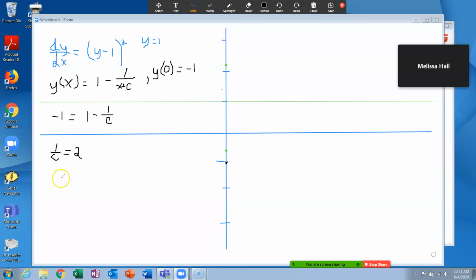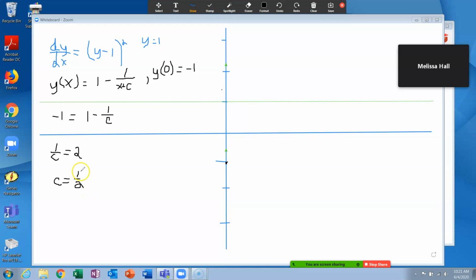What does that yield c to be? 1 over c is equal to 2. C must be 1/2. Perfect. Reciprocate both sides, or 1 over 1/2 is 2. Okay.